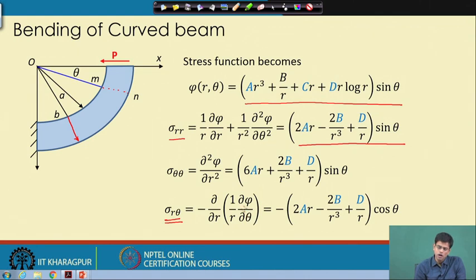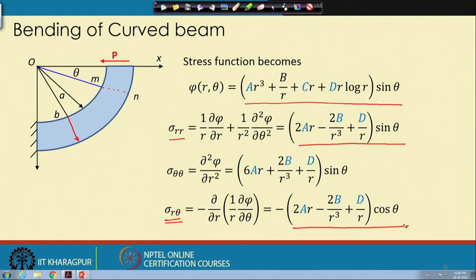So, this quantity is non-zero, and then this quantity becomes this. You see all stress components involve 3 constants a, b and d. We need to find these constants a, b and d with the stress boundary conditions.